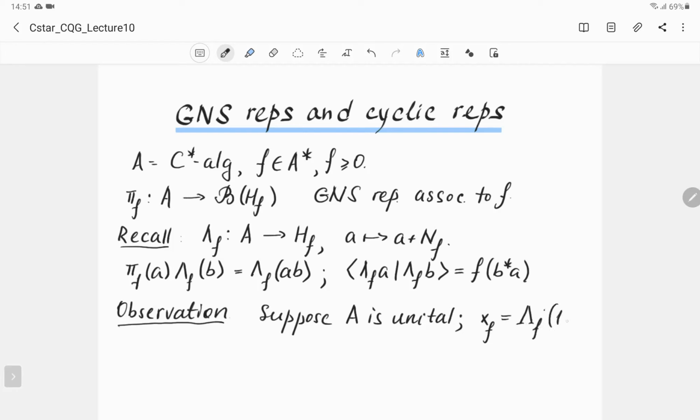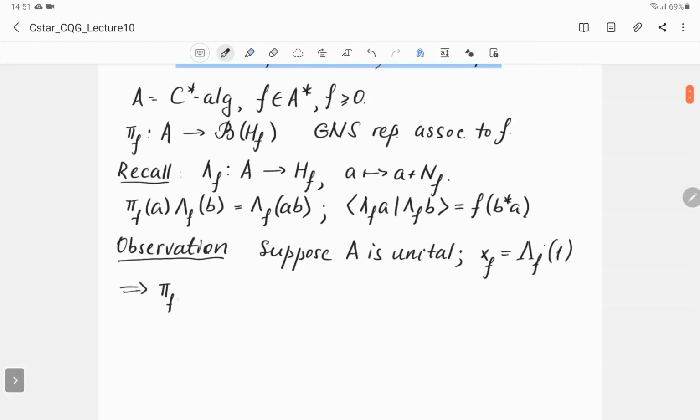This is the image of the identity. So what can we say about this vector? When we act by our representation on this vector, what we get is just lambda A.